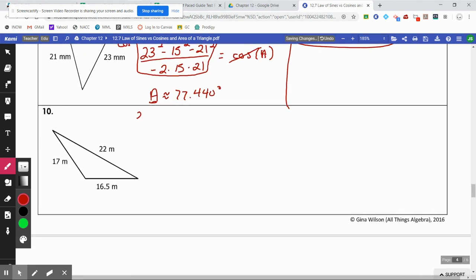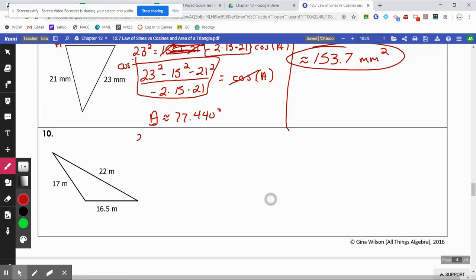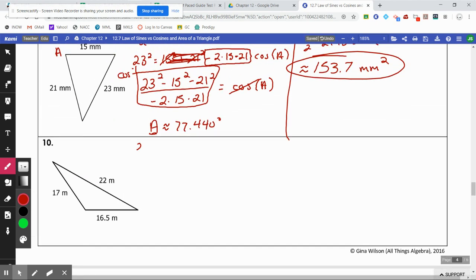And number 10, the last one, I believe, will be identical to the problem that we just worked. We can find any of the 3 angle measures. It doesn't matter which one. We'll find this measure right here, and again, you can call it A if you want to, but we're going to use law of cosines.